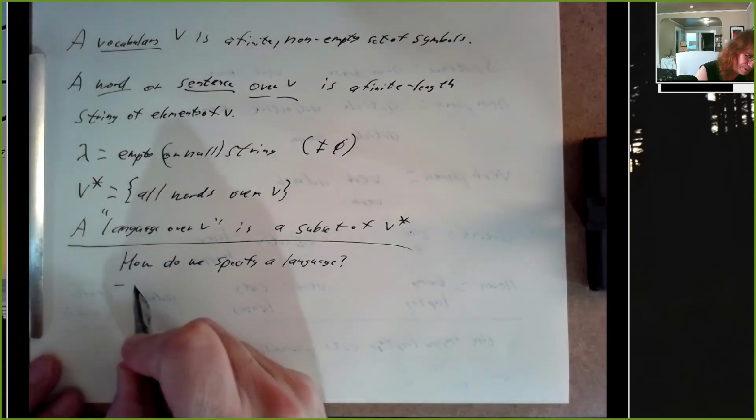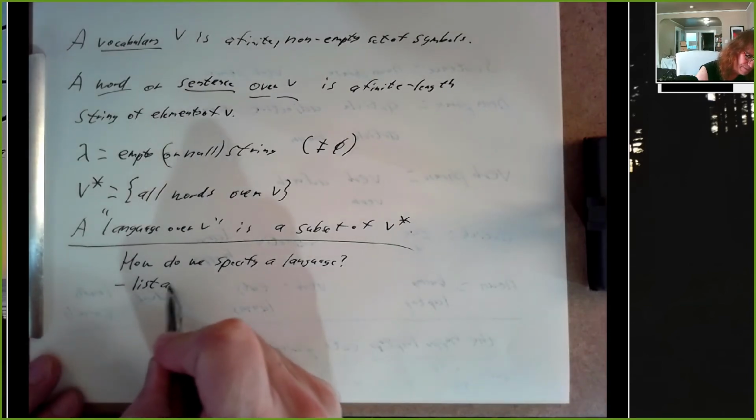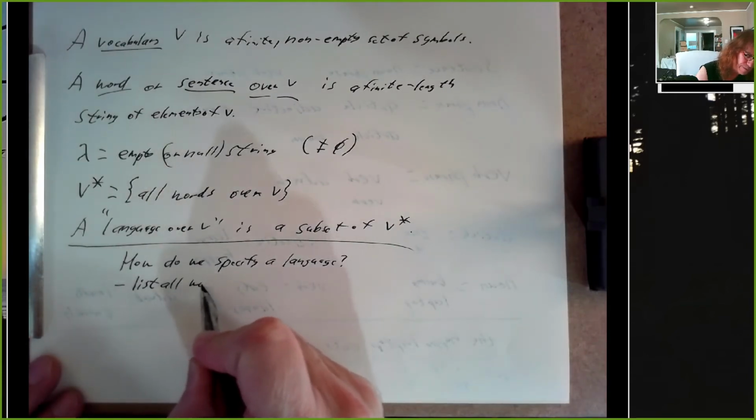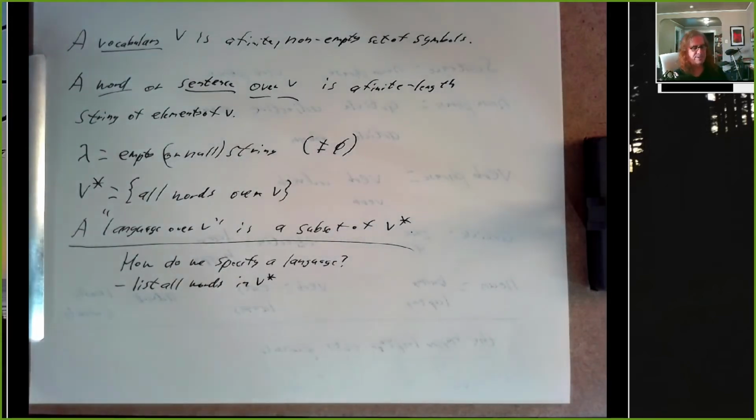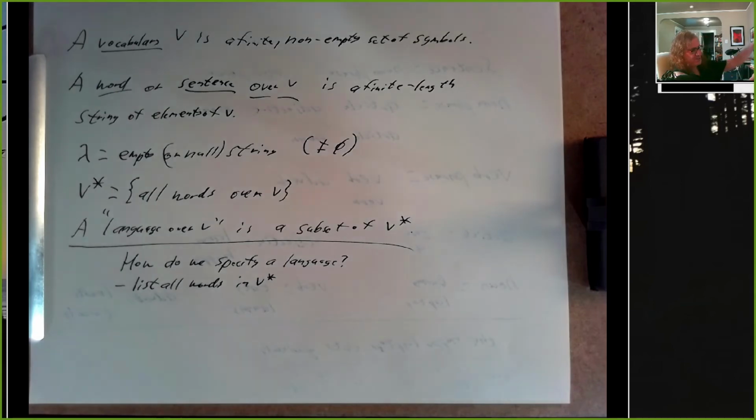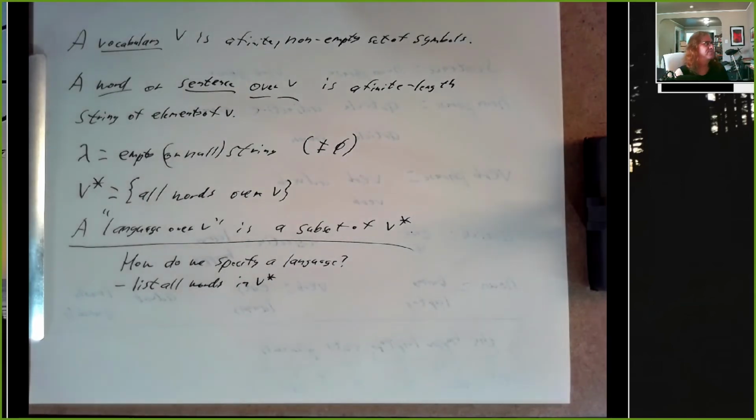All right, so how do we specify a language? There's one option, which is to simply list all the words that are valid over V. So we could specify the syntax of C by simply writing out every possible syntactically correct C program and say there's the specification of the C language.